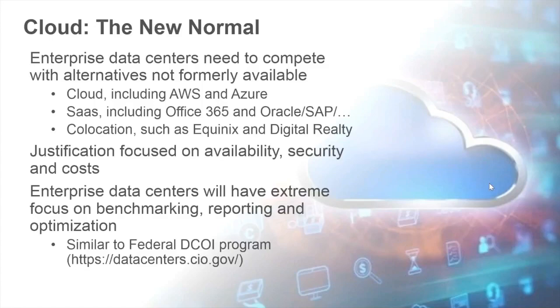So what we're seeing is much better metrics and much better measurement in data centers around availability, security, and costs. And to do this, to have some metrics for decision-making and benchmarking, we are seeing the rise of the kinds of reporting and how to measure optimization so that we can measure our enterprise data centers against alternatives.